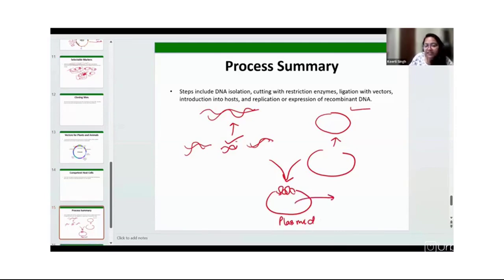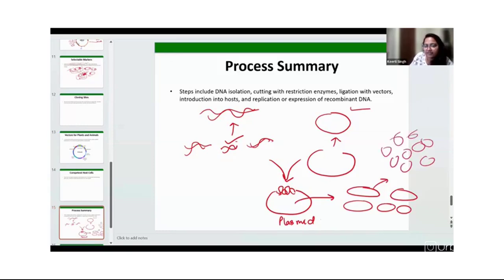Okay. Now this plasmid DNA we will transfer into the bacteria. And this bacteria will divide and create various bacteria, right? So this is the short process of recombinant DNA technology.